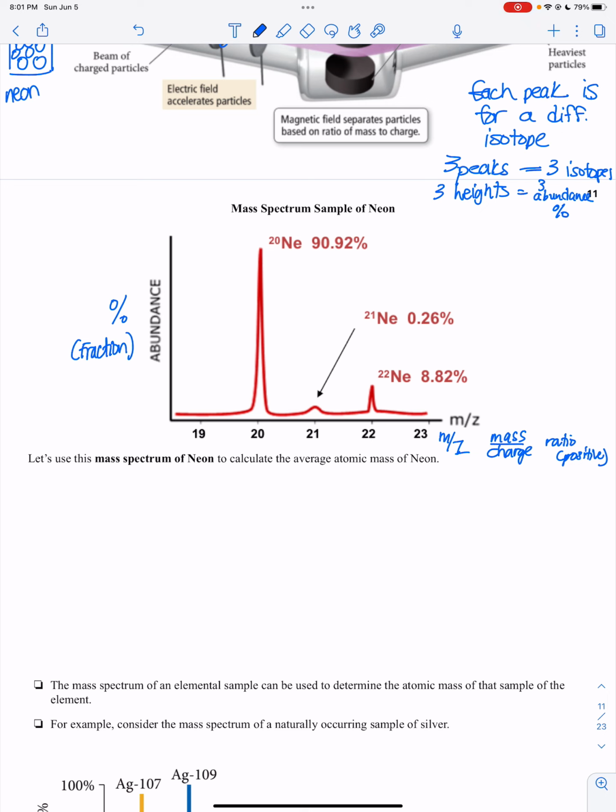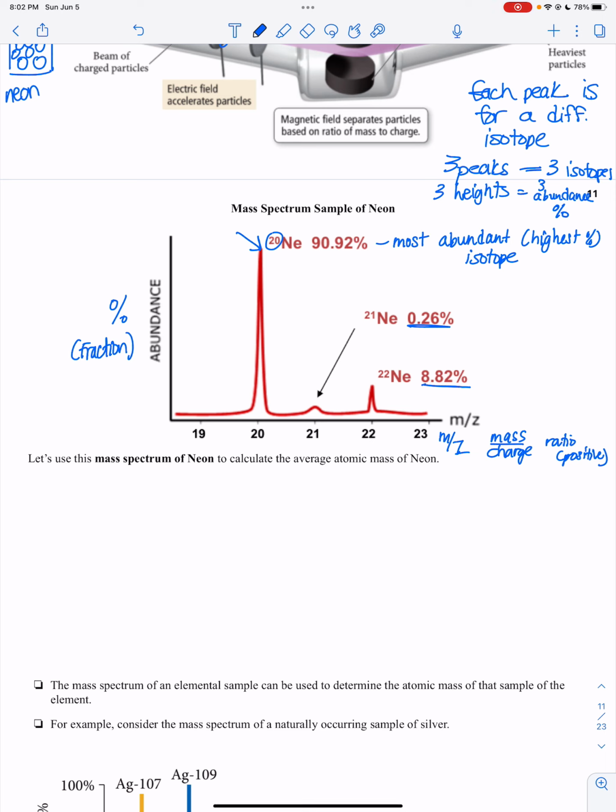So as you can see, this highest one right here is neon with a mass of 20. This is the most abundant, meaning the highest percentage isotope. Then we have neon 21. This looks like it's the least abundant, only being 0.26%. And then finally we have neon 22, which is 8.82%.